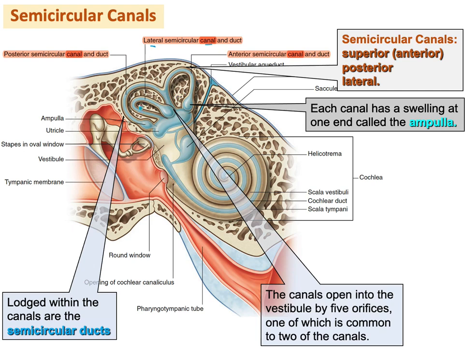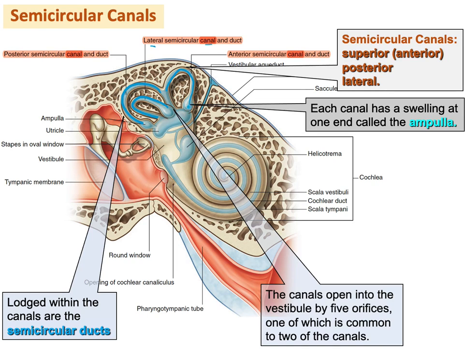You have three semicircular canals and ducts: the anterior one, which is sometimes called superior, the posterior one, and the lateral one, and inside them there are semicircular ducts with the same names, anterior, posterior, and lateral.